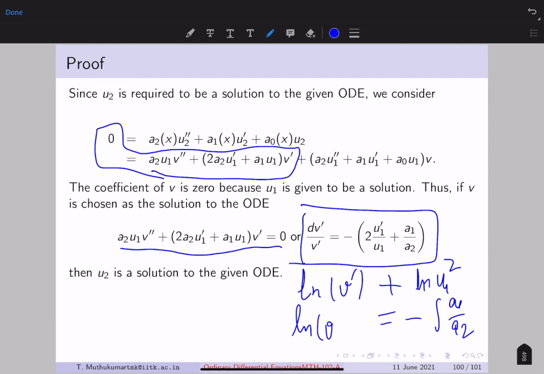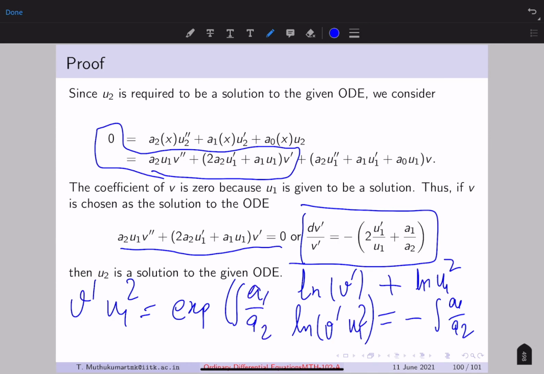And now that becomes log of v prime u1 square, and that becomes v prime u1 square equals exponential of minus integral a1 by a2, right?